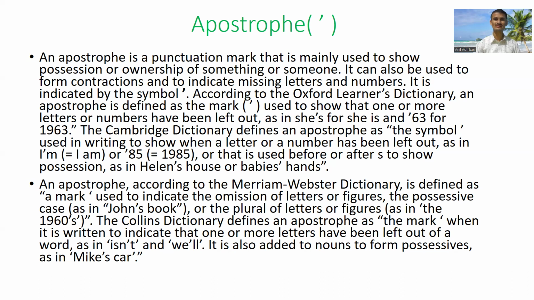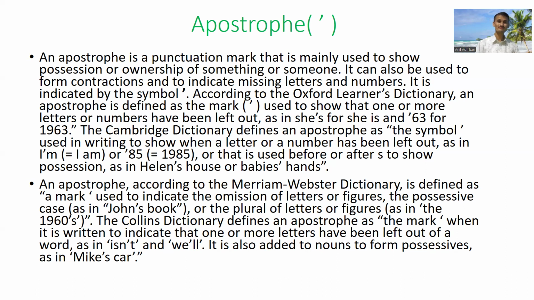You can see it here in the example. Ram's house, Ram's bag, Shamika's bag, Mamta's bag, Samir's bag, Safal's bag, etc. We can use an apostrophe to show our possession or ownership.